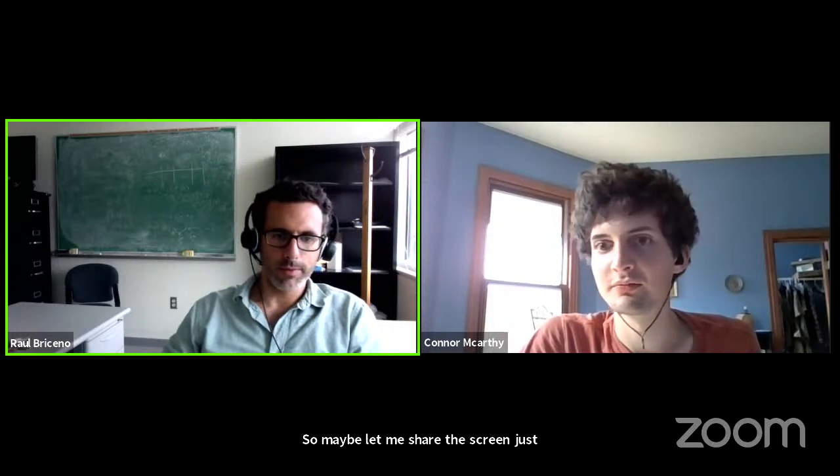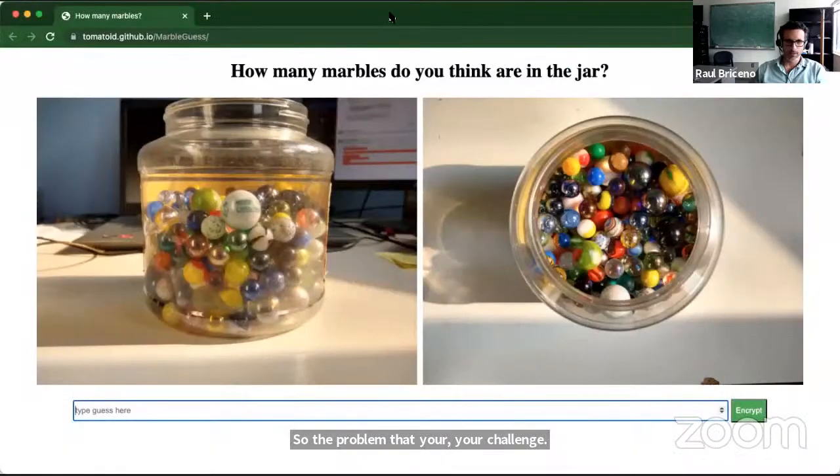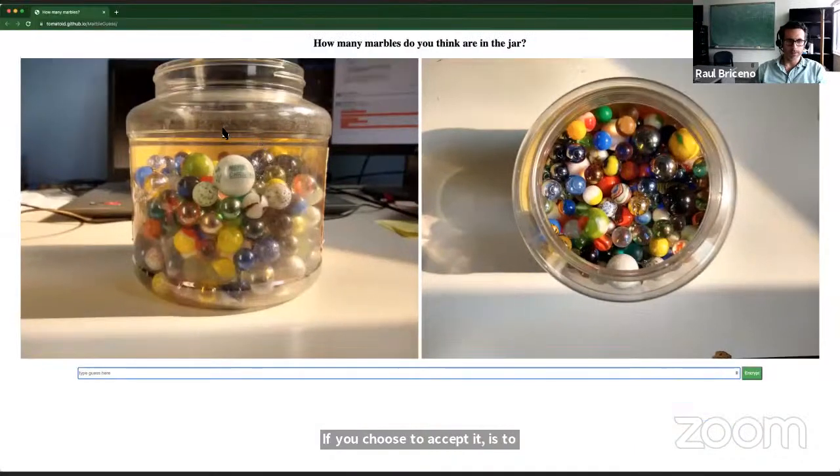So maybe let me share the screen to see the problem. The challenge, if you choose to accept it, is to guess the number of marbles in this jar.